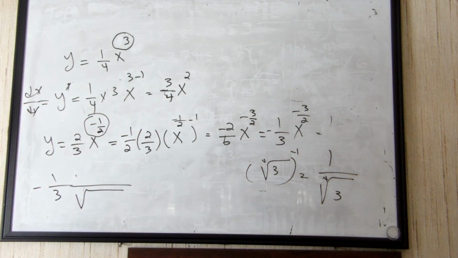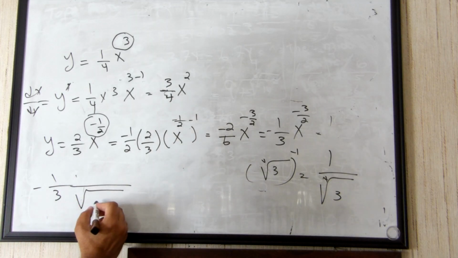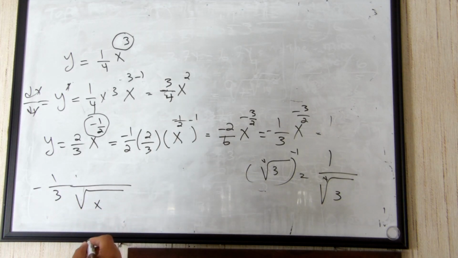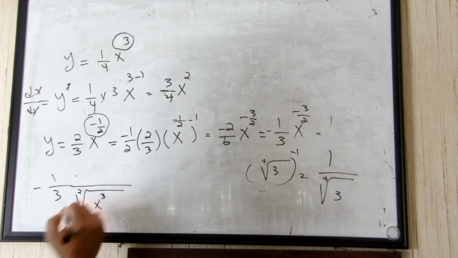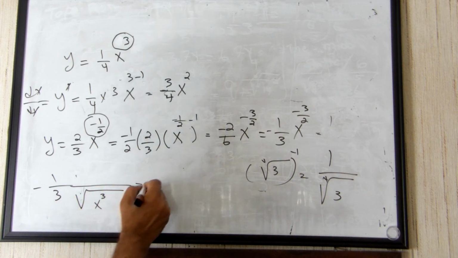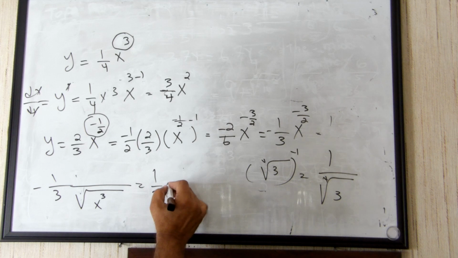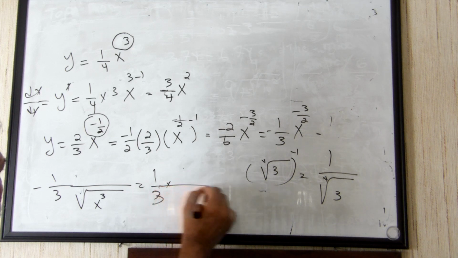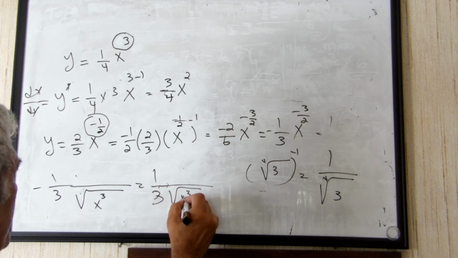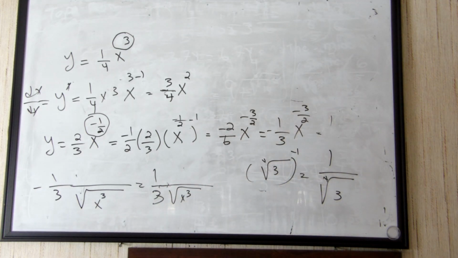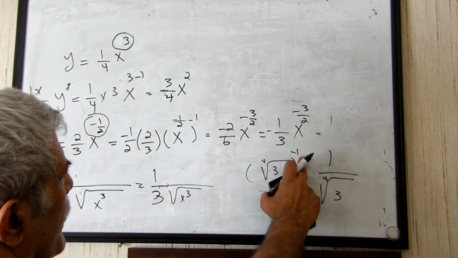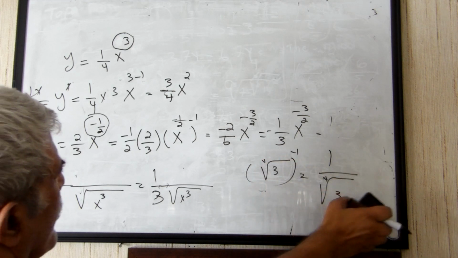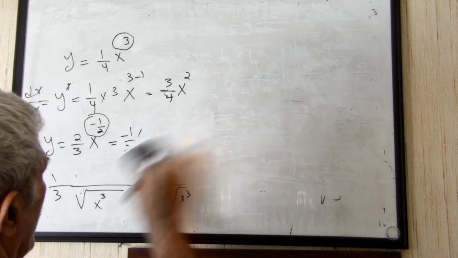Okay? Now we write it like this. x is going to be 3. You know, this is 2, which we don't write. So this is going to be 1/3 times radical x to the 3. Okay? Because by bringing this down here, the negative sign is going to go away.